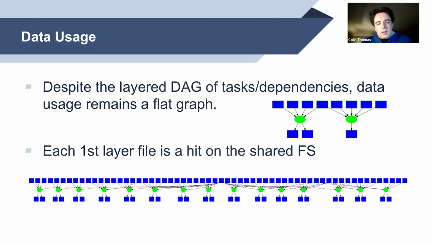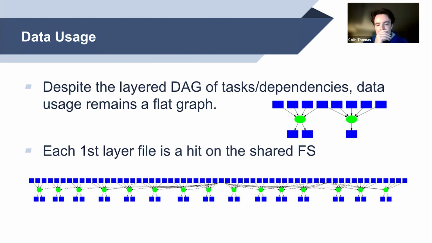But if we ran this workflow on the shared file system, and we think about the sort of data access pattern that workflow is going to be performing, it more so looks like a flat graph. These tasks still can't be executed out of order, but the way the data is moving, each file is a hit on the shared file system.